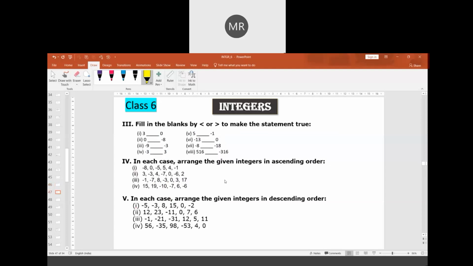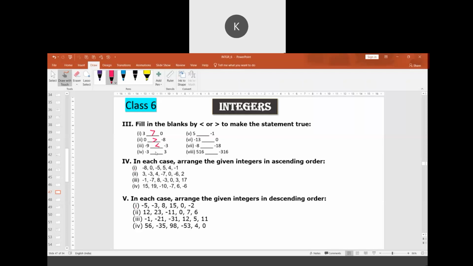You are correct. So it's very easy. In this question, we need to use the greater than or less than symbol. It's very clear that 3 is larger than 0. 0 is larger than -8. -9 is smaller than -3.